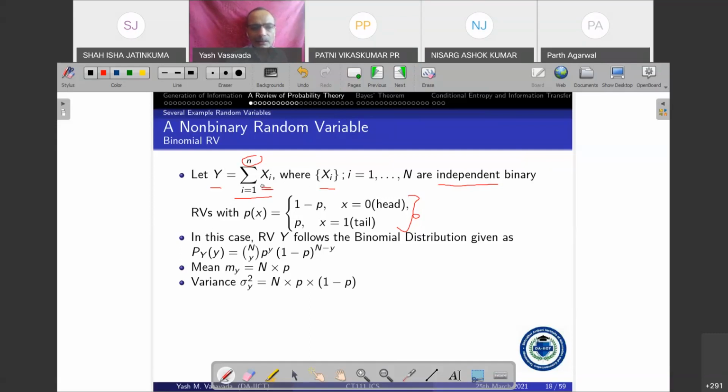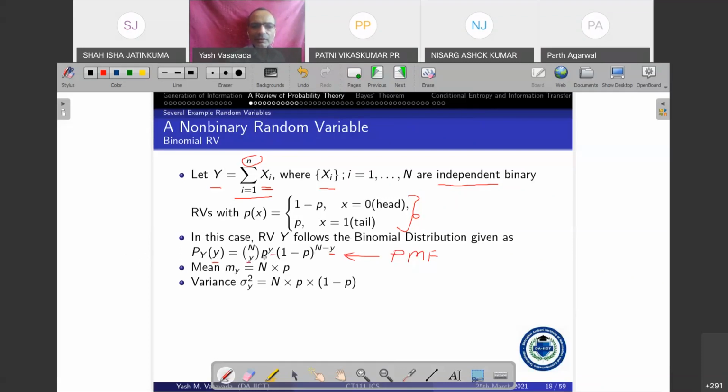Now, the corresponding probability mass function is given by this formula. This is the PMF. And this y, we just saw, takes any value from 0, 1, 2, 3, all the way up to n. Corresponding to a particular value of y, you plug in that value here, here, and here.